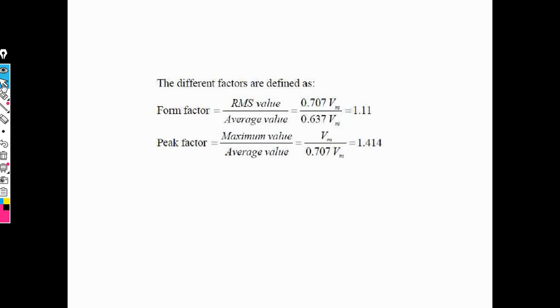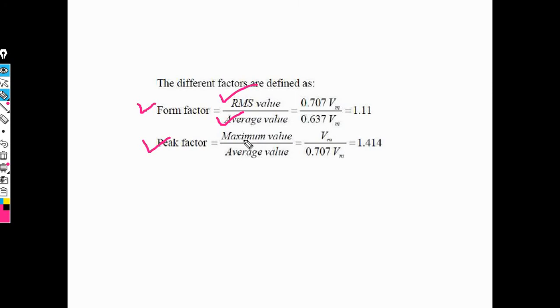Form factor is defined as the ratio of RMS value upon average value, and peak factor is the ratio of maximum value upon average value. These two definitions are very important in AC fundamentals. That is, form factor is the ratio of RMS value upon average value, and peak factor is the ratio of maximum value upon average value.